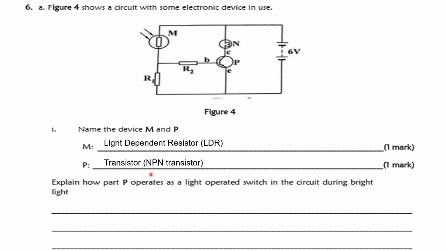All right. So explain how part P, which is the transistor, operates as a light operated switch in the circuit during a bright day, bright light. Candidates need to understand these things: the base here, then the collector and the emitter.